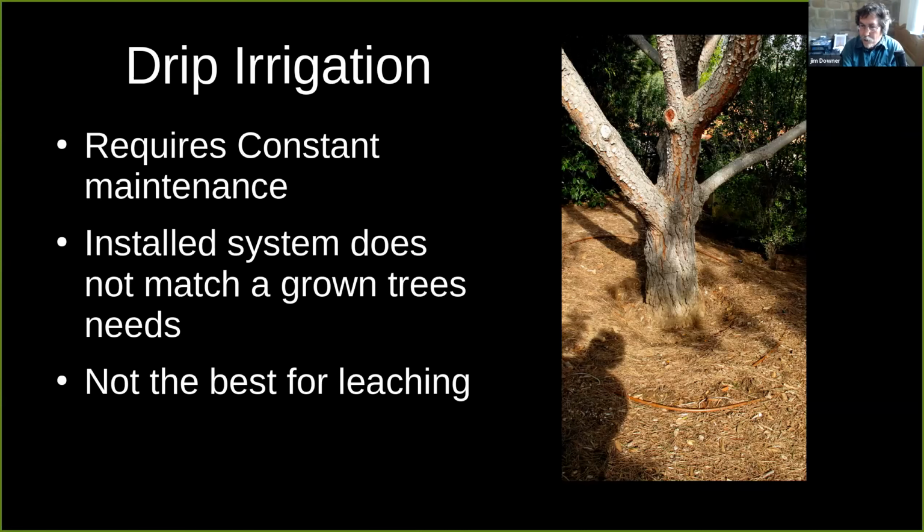One of the beauties of this product, though, is you can go out there with an ice pick and basically jam it in the emission hole, and it will start to re-emit with about the same 1 gallon per hour rate. The Netafim is tough, and you can just basically physically push the salts aside and make it work again. But the fact is, you have to go do that. You can't just install it and say, okay, I'm good for the tree's lifetime. That doesn't work that way.